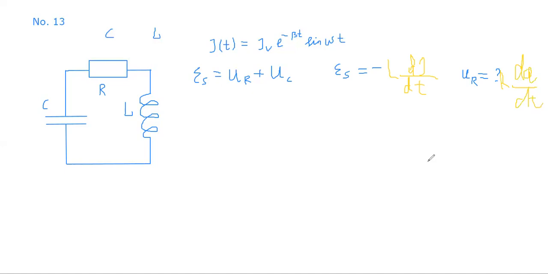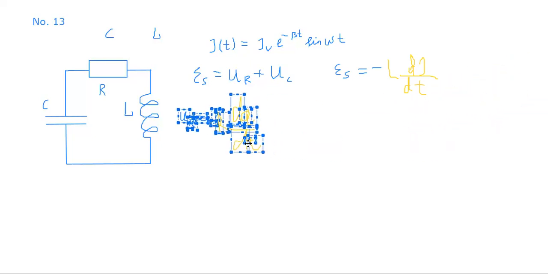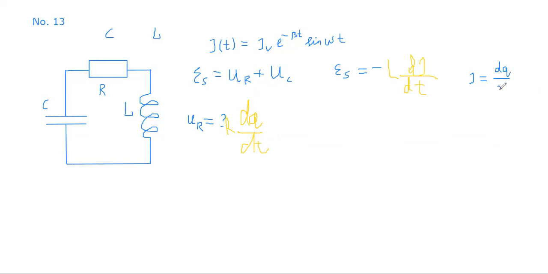R dq by dt. Okay, but in this case, it is better to remember that I is equal to dq by dt.